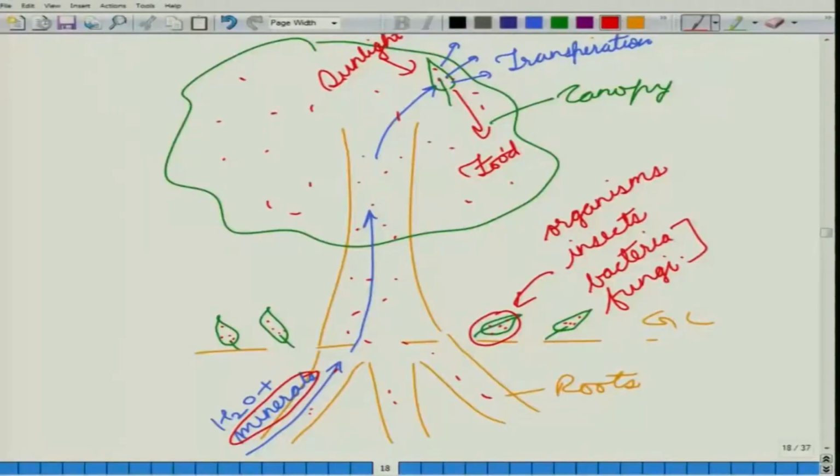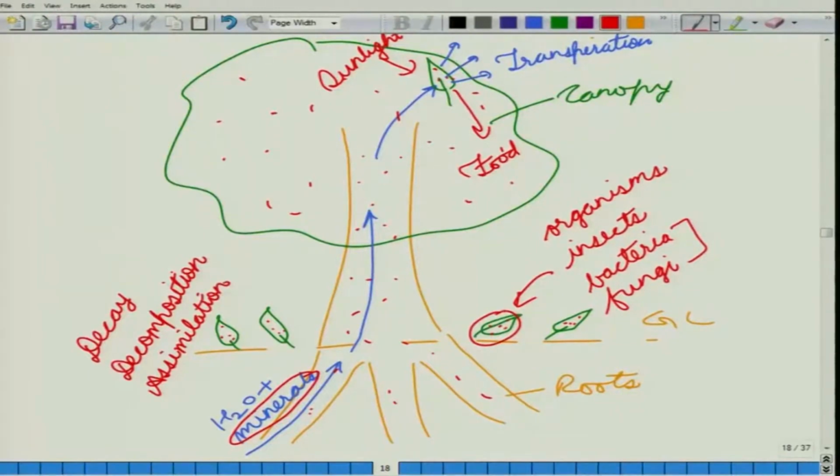Now, what would happen to these leaves later on? These would then be defecated out from the bodies of the organisms, or if they are being acted upon by bacteria and fungi, they would directly be decomposed. So, a process of decay, decomposition, and a process of assimilation would happen.